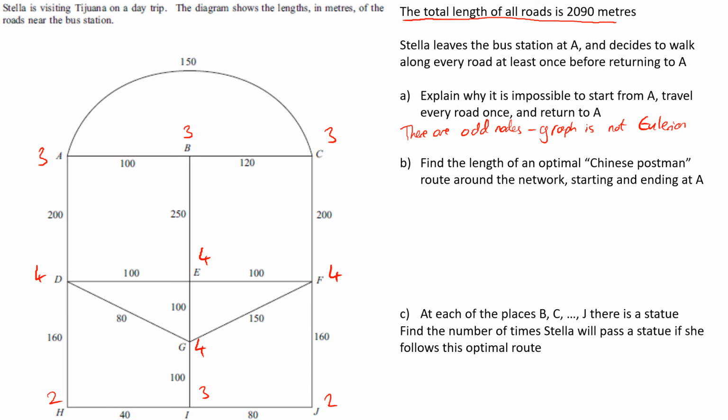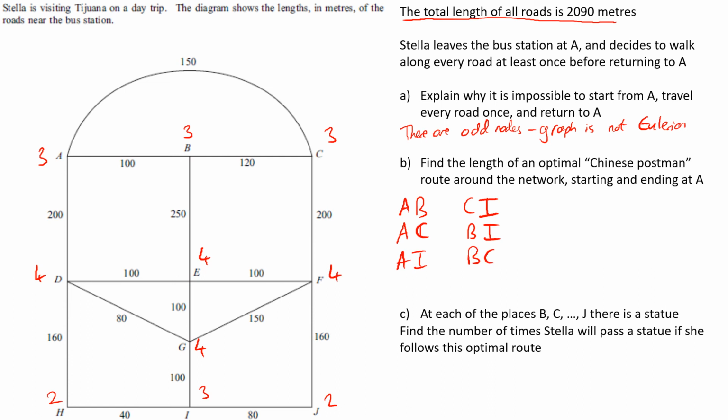So part B says we want to find the length of the Chinese postman route starting and ending at A. So that's where we have to do our pairing up of the odd nodes because we want to make everything even. The odd nodes are A, B, C and I. Maybe this is the point where you'd use Dijkstra's algorithm because C to I is going to be tricky to figure out. We've got AB, AC, BI and BC as our combos.